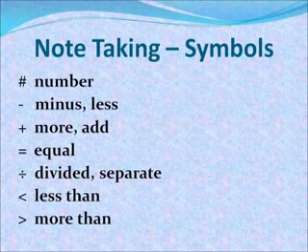Now, these symbols can be used both as nouns, verbs, and perhaps even adjectives. So we're going down the list, and we see the equal symbol, the divided symbol. For example, we can say James and Mary separated. We can use J divided Jane, James and Jane, J division J, less than, more than.